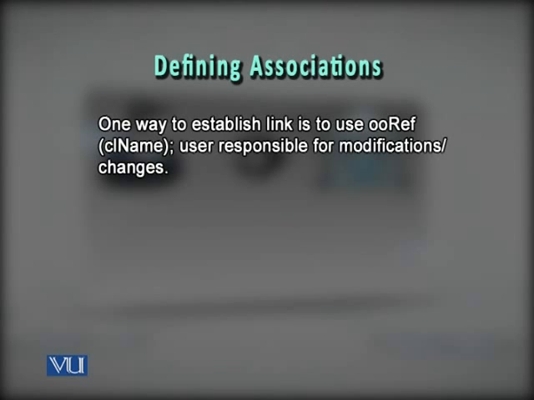The difference between using an attribute to hold the reference of another object and using an association is that when you use an attribute to link two objects, you as a developer or programmer are responsible for maintaining this reference or this link. Whenever there is some deletion or a modification, it is your job to maintain that link.